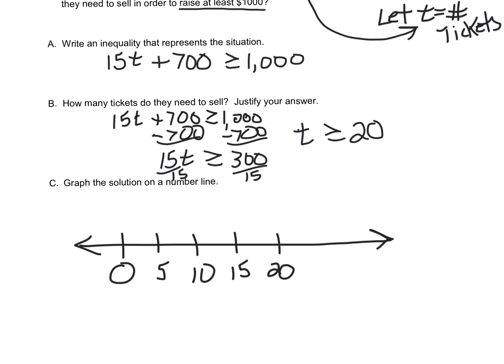And then at 20 again, we put a closed circle. Make your circles big enough that you can recognize them. And then we have our arrow pointing to the right this time. Again, darken it in enough that you can see it as compared to the number line itself. And you're done.